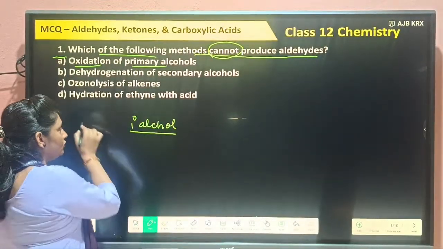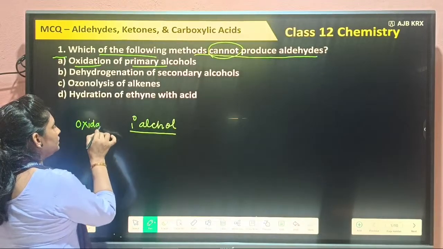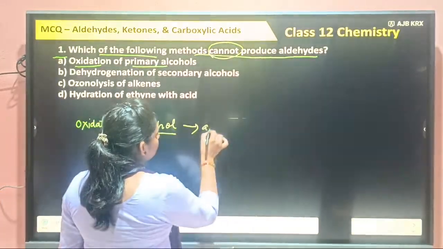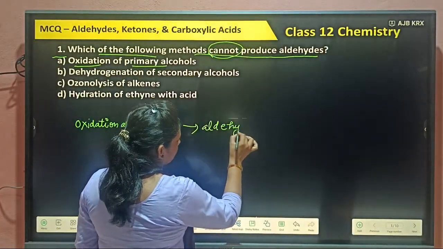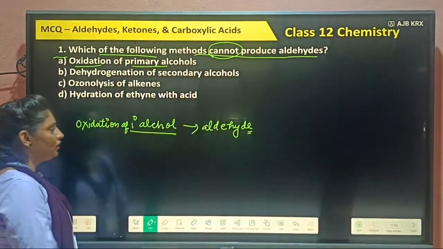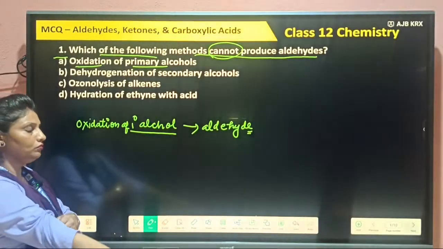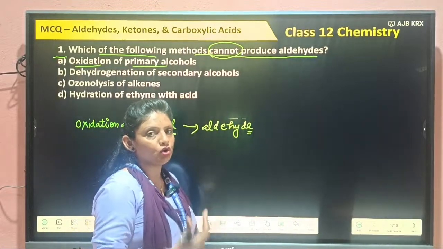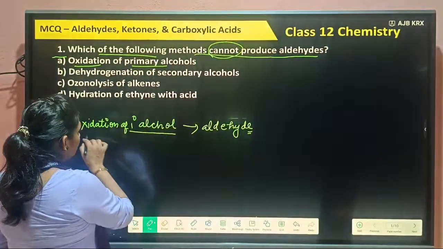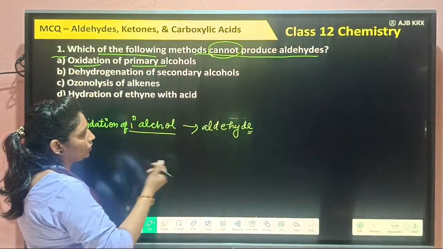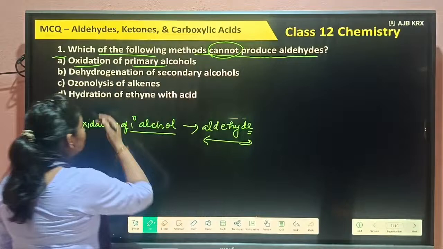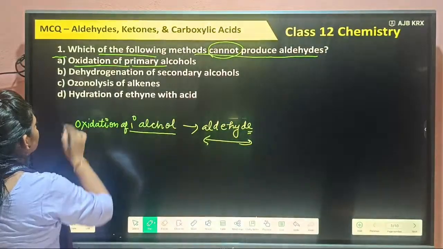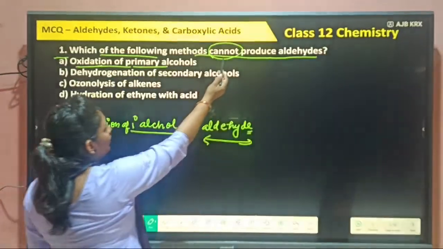By oxidation of the primary alcohol we get aldehyde, when we do the reaction in presence of chromium trioxide or PCC, pyridinium chlorochromate. So this is a method for preparation of aldehyde. But he is asking about which cannot.